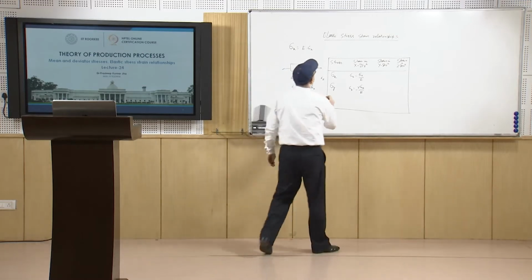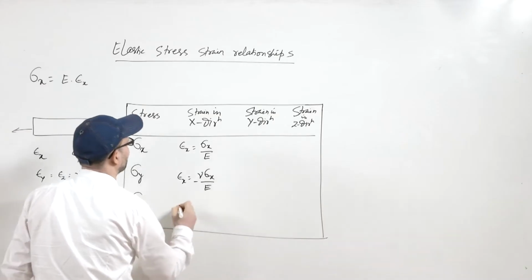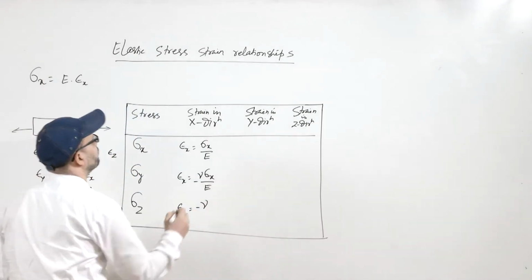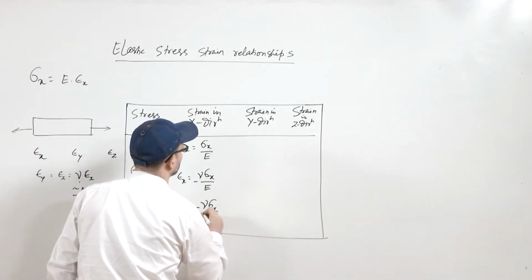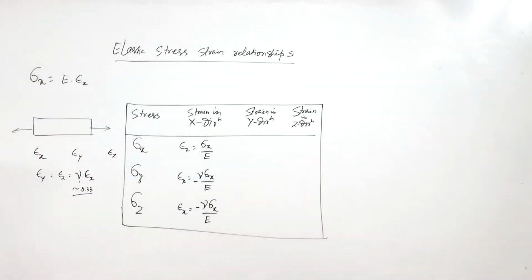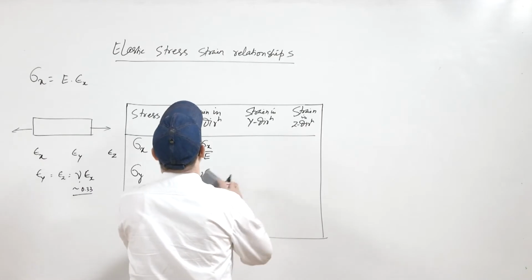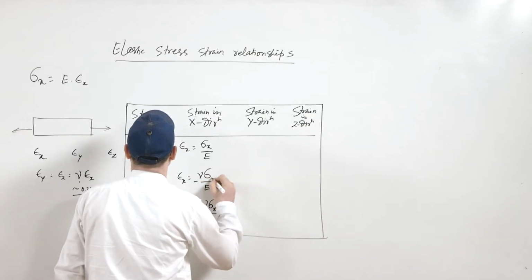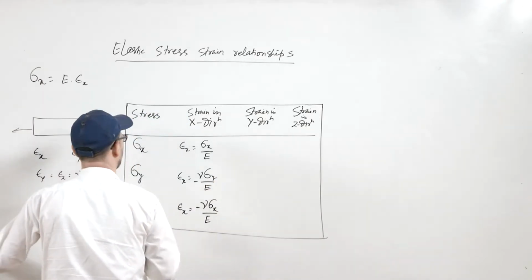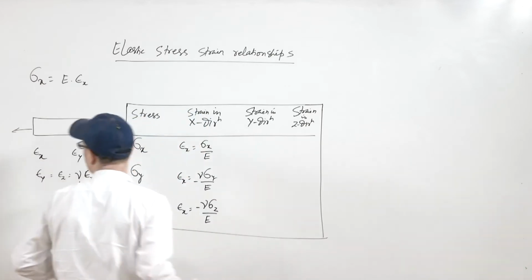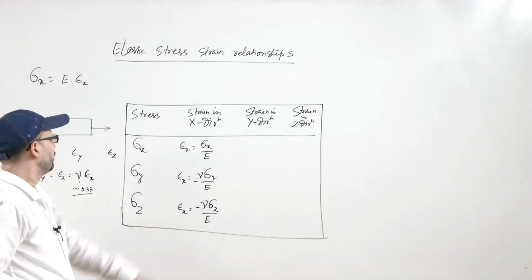Similarly, you have sigma z, and for this it will be minus nu of sigma x by E. This is sigma y and this will be sigma z. So, similarly you can fill all this.